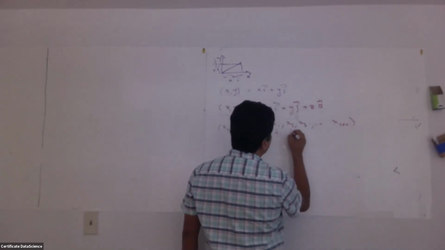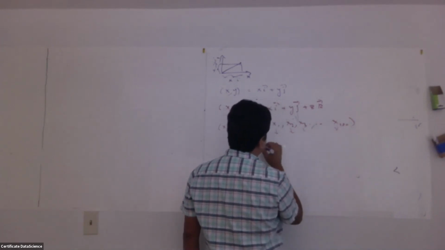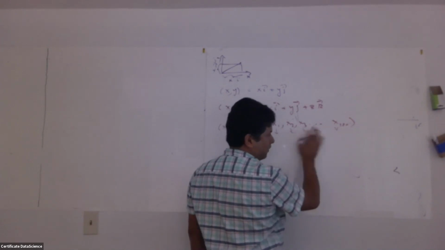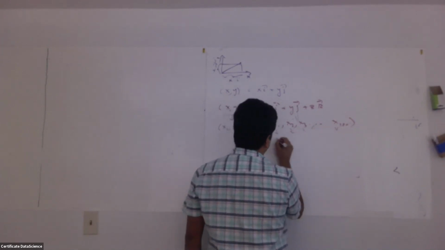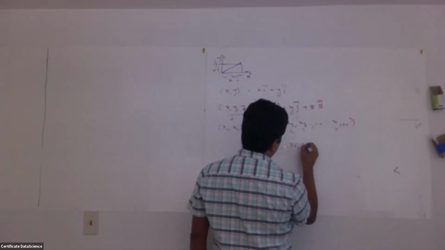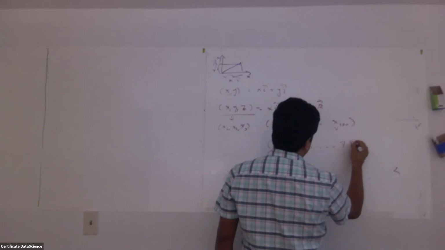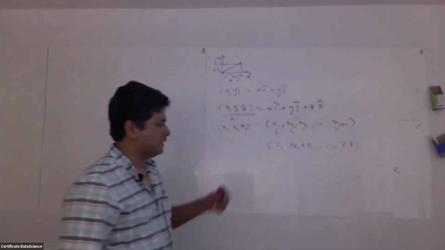Each one, in our case, most of the time is a number, for example 2, 3.6, 4.7, and on to 7.8. Okay, so that's a vector.